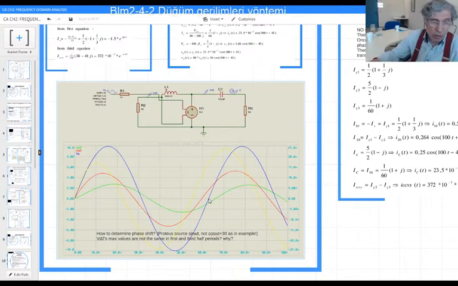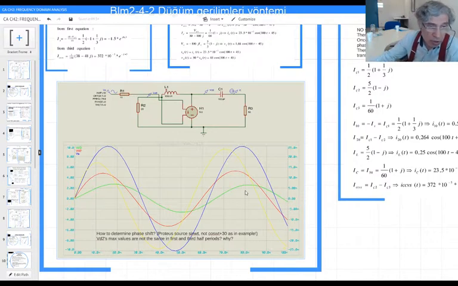And the other thing that you are examining here: for all these other elements, if you calculate the frequency, you are going to end up with the same as the independent voltage source. That means the frequency of the sinusoidal functions of the elements does not change, and they are the same as the independent source frequency.